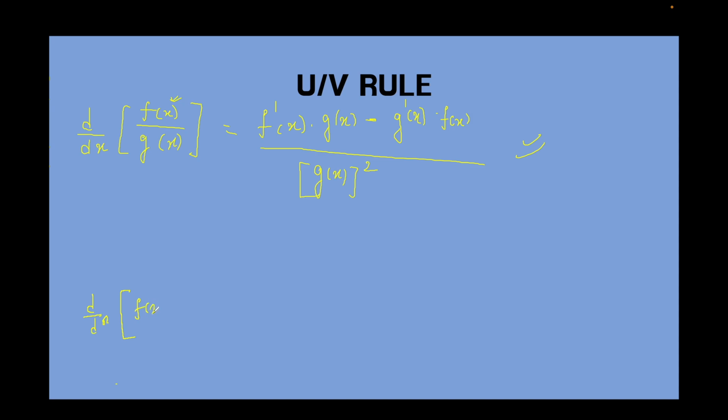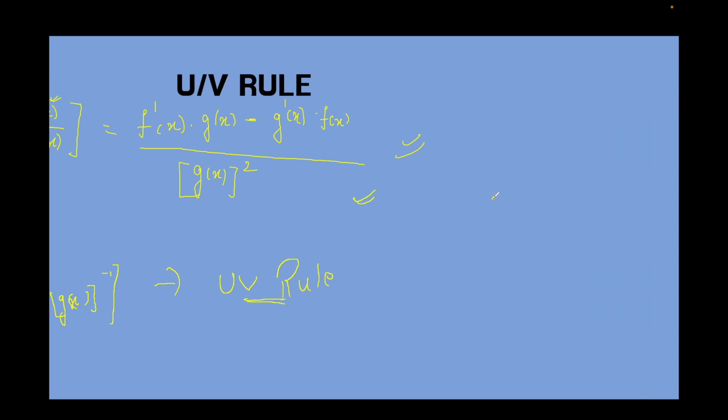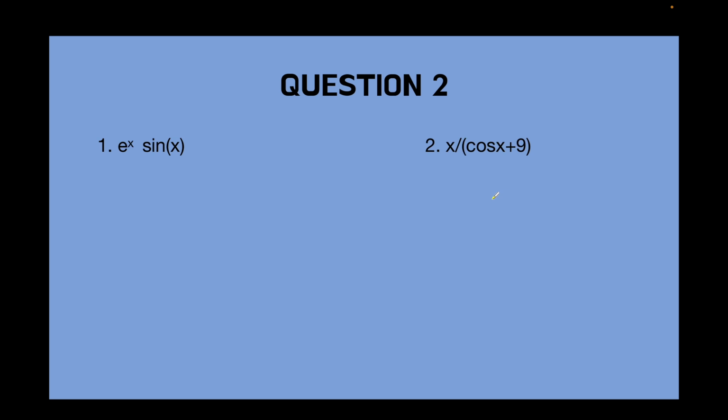I'll keep f of x as it is, and g of x I will write as g of x to the power minus 1. Then you can differentiate, using the UV rule. But I prefer you remember this formula also.